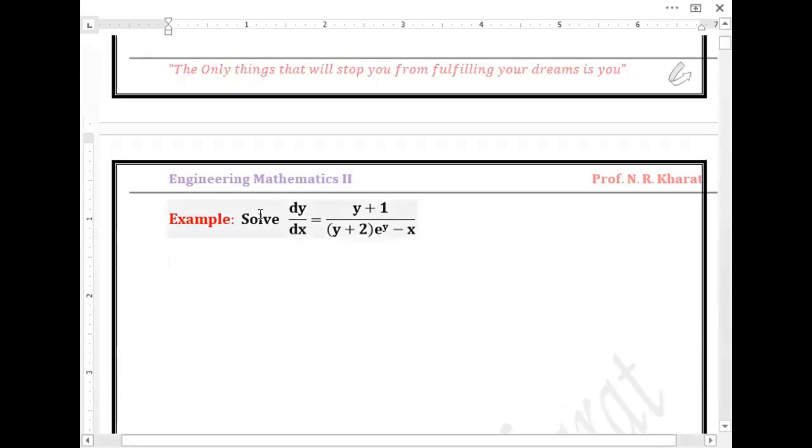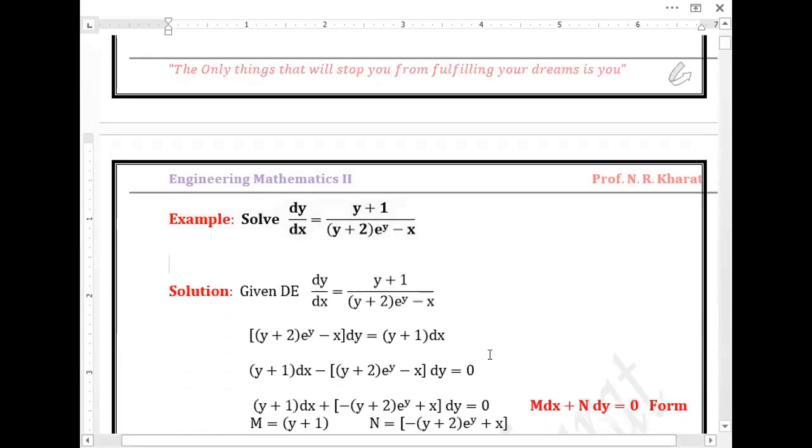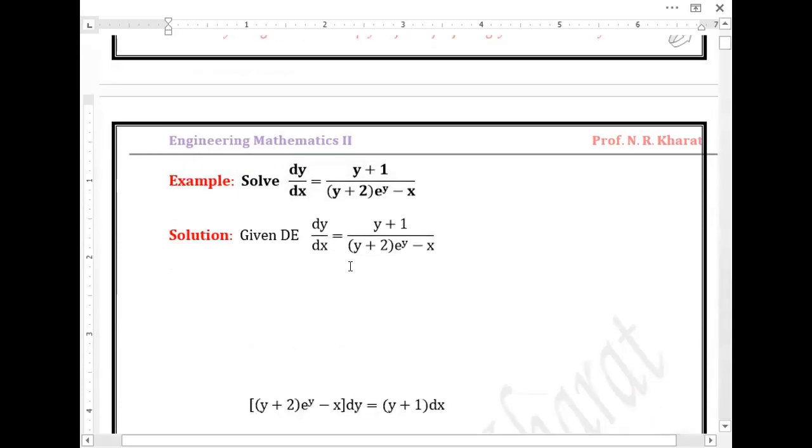For that, we consider the given equation. We have to rearrange this differential equation. So what do we do? We make the cross multiplication.